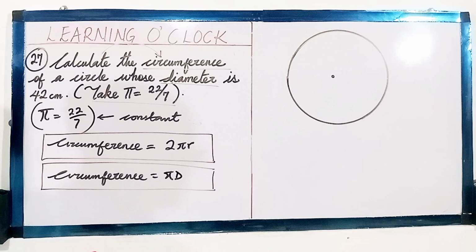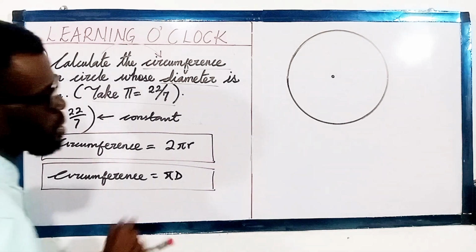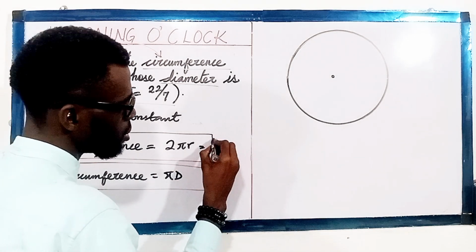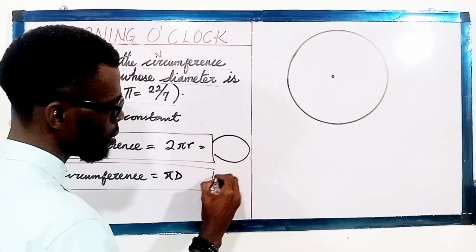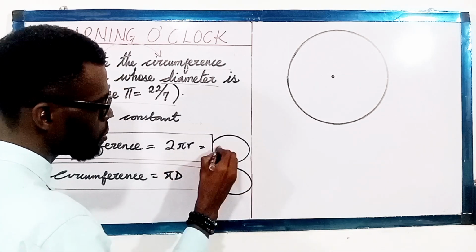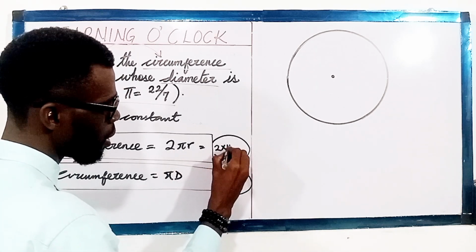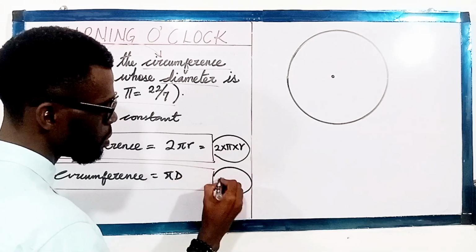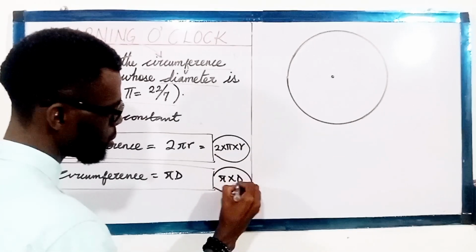If we want to expand this, it simply means 2 times pi times r, and this simply means pi times d.